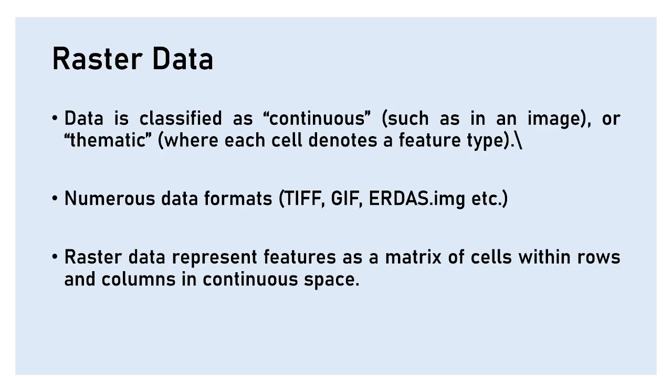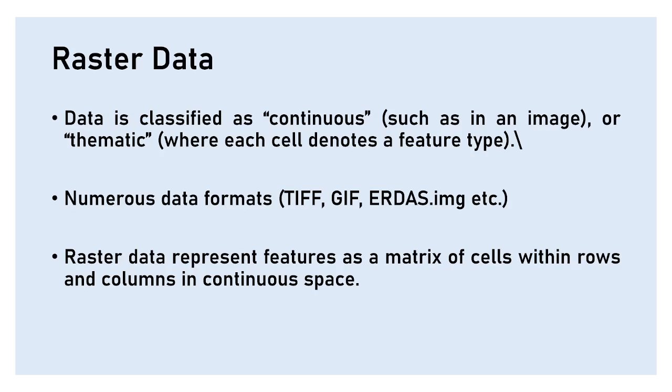And there are numerous data formats. You might have at least heard of these things. That is the TIFF image, and TIFF is basically the tagged image file format. Then we have the GIF. Obviously, you might be familiar with the GIF because especially in the messaging platforms, we use this, right?